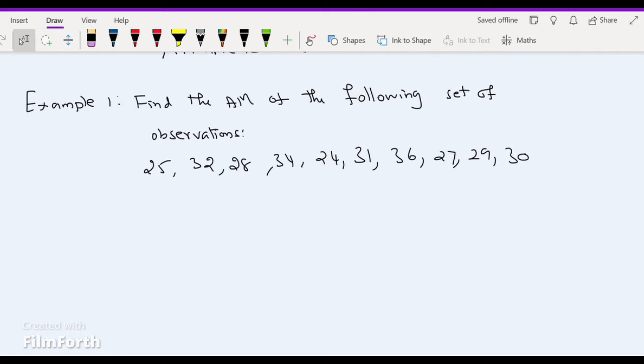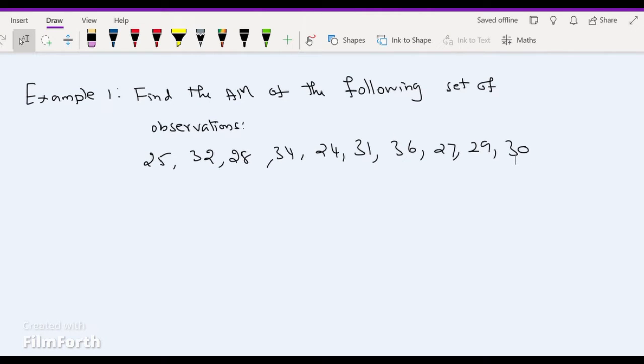From this problem, the observations are given. How many observations? 10 observations. So n is equal to 10. So how to solve this problem? Arithmetic mean, here only observations are given, so we can write summation of x by n.